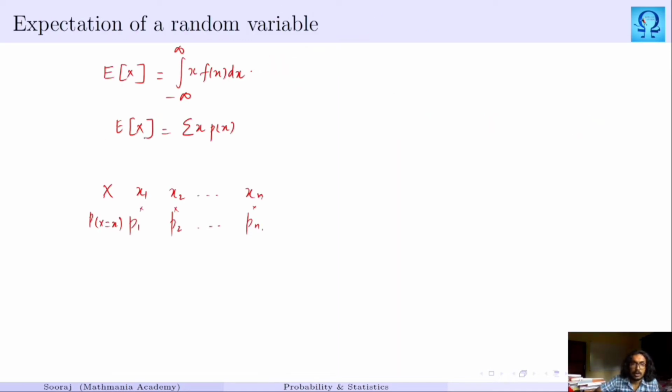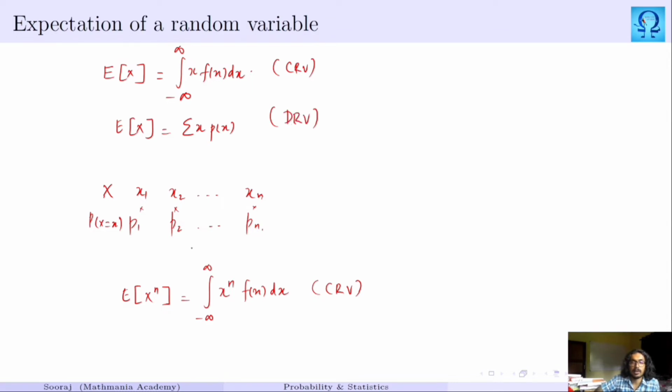Now, not just expectation of a random variable. If x is a random variable, x to the power n is also a random variable. To calculate the moments, we need this definition: expectation of x to the power n is the integral from minus infinity to infinity of x to the power n times f of x dx in the case of a continuous random variable. In the case of a discrete random variable, it is the summation of x to the power n times p of x.